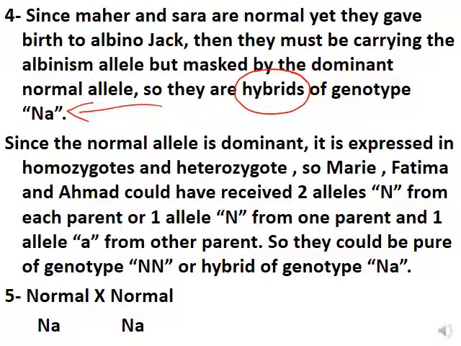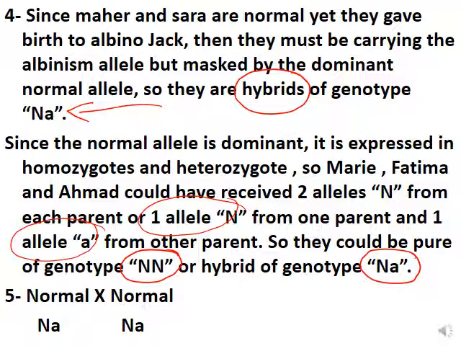The normal allele is dominant, so it can be expressed in homozygous or heterozygous. So Mary, Fatima, and Ahmad could have received 2 alleles N, one from each parent, or 1 allele N and 1 allele A. So their genotype could be either pure N N or hybrid N capital A small. So these are the possibilities for Ahmad, Fatima, and Mary.